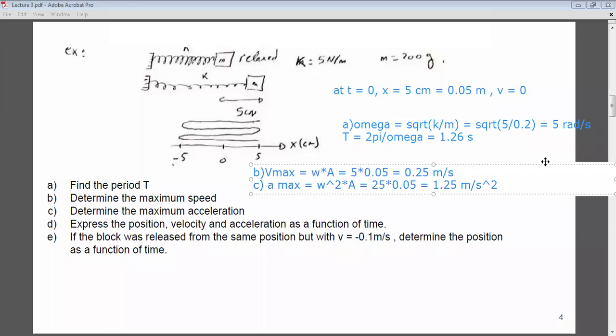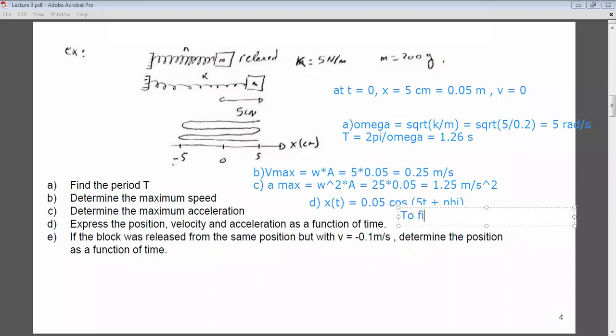Okay, part D, express the position, velocity, and acceleration as a function of time. So let's start with x of t equals A, which is 0.05, cosine(omega, which is 5, t plus phi), right? So phi is my unknown.